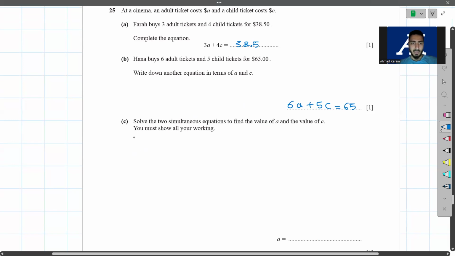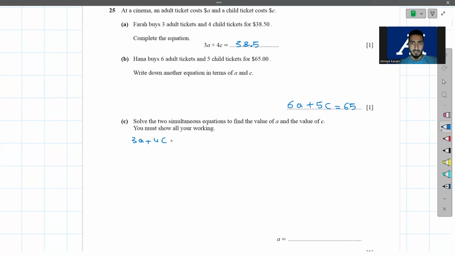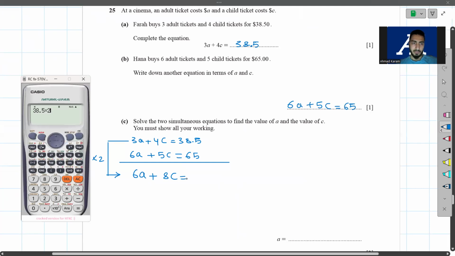So I have 3A plus 4C equals 38.5. 6A plus 5C equals 65. So the first equation, I'm going to multiply it by 2 to have the same coefficient. So 6A plus 8C equals 38.5 multiplied by 2, 77.